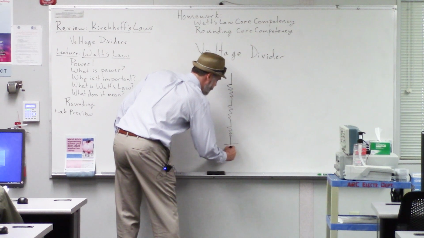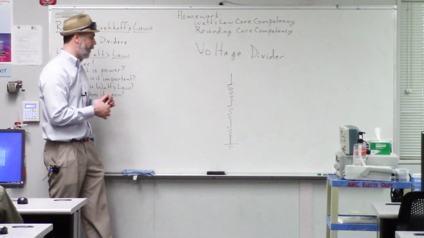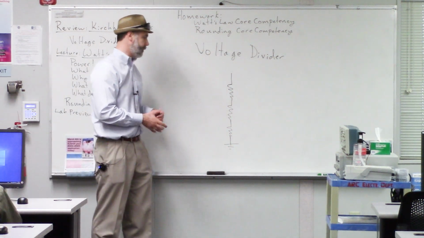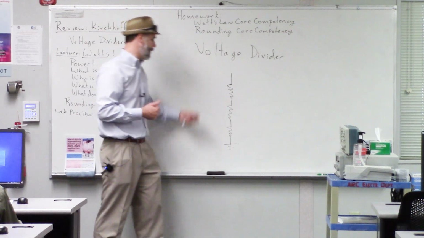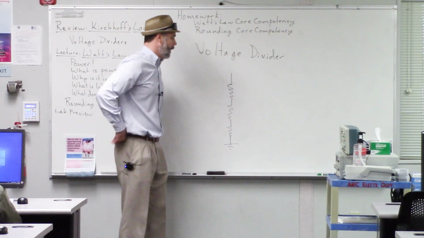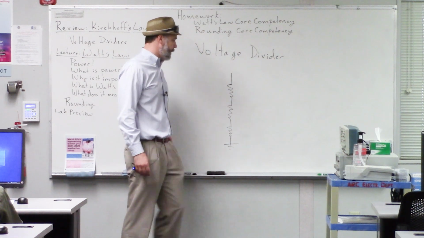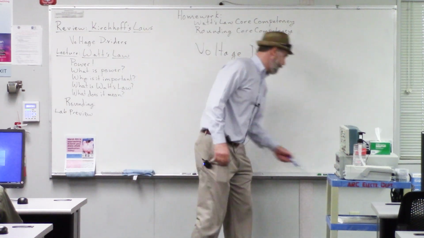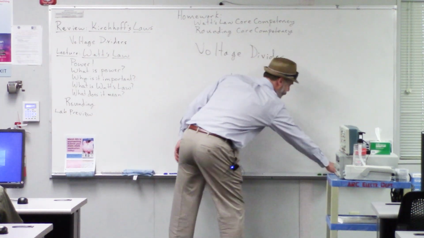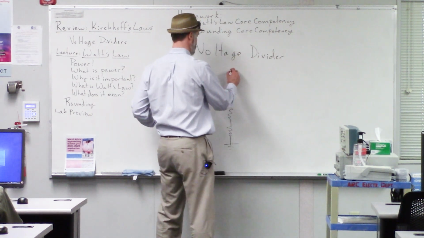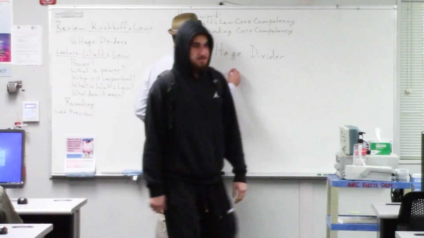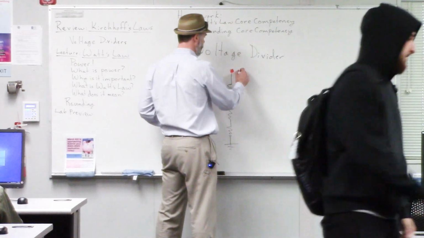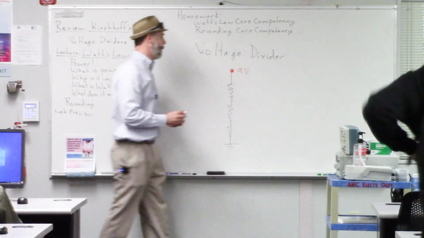And this can be very useful because sometimes you have a circuit and you want to take a large voltage and cut it into pieces, essentially make it into smaller voltages. So, for instance, you might have 9 volts up here at the top.